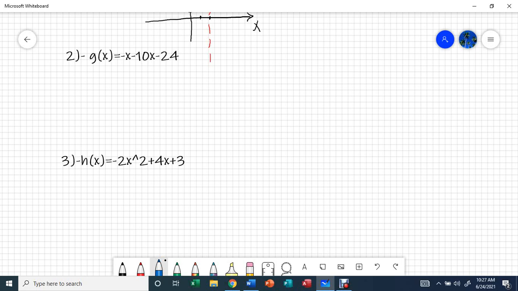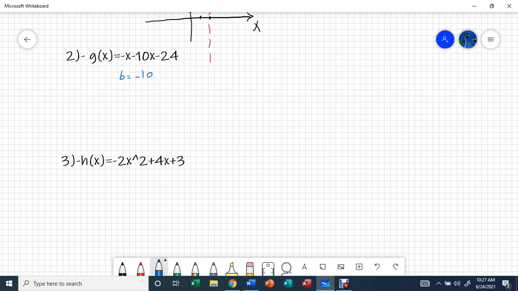So we have negative x squared minus 10x minus 24. So a is negative 1 and b is negative 10. So I'm interested in b, which is negative 10.